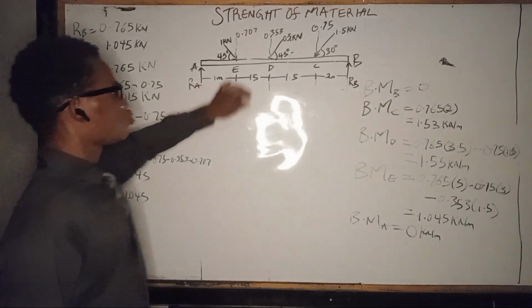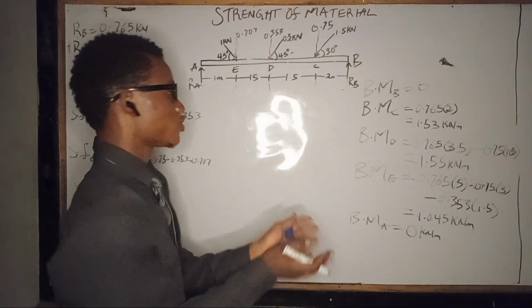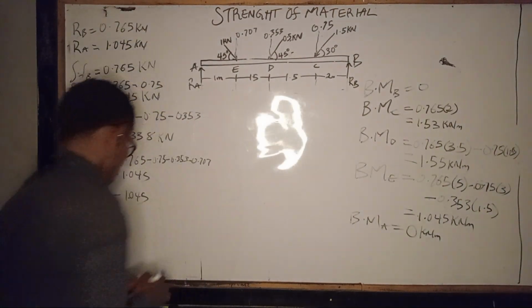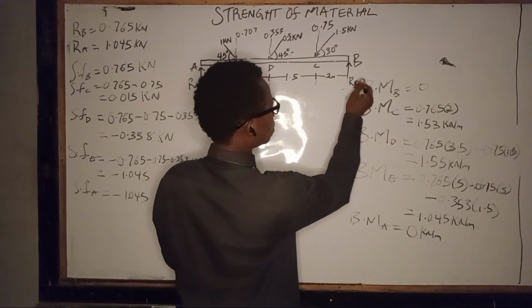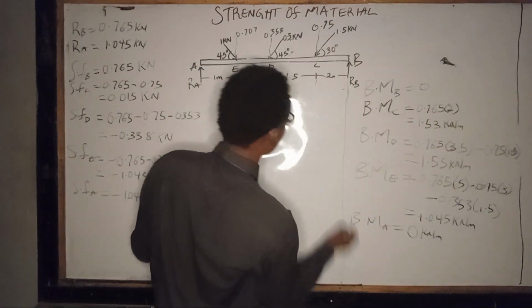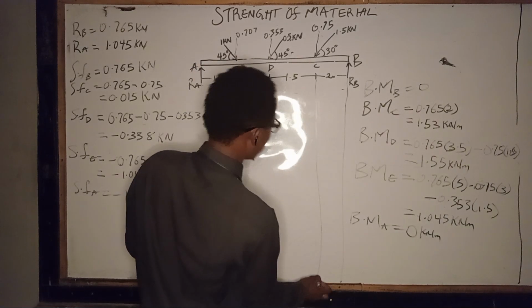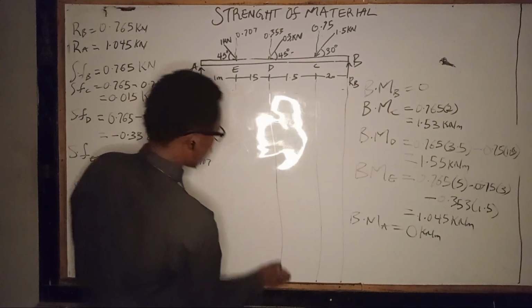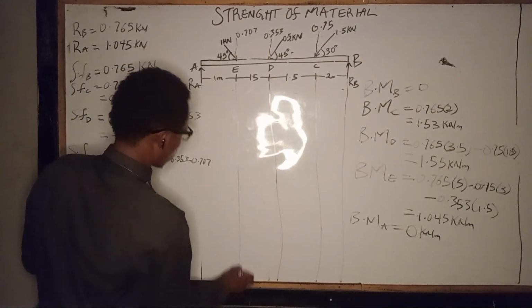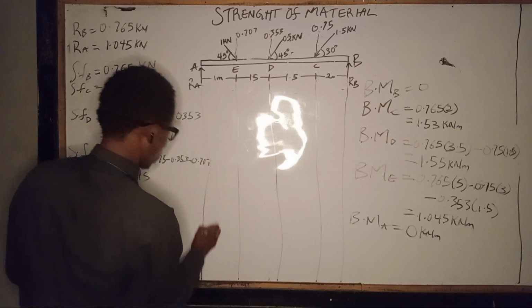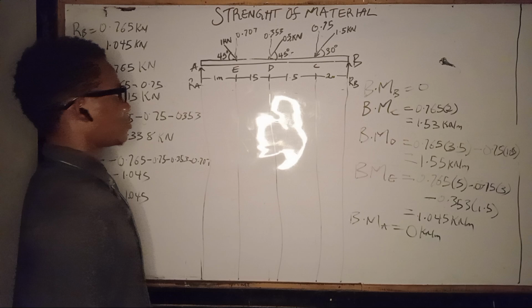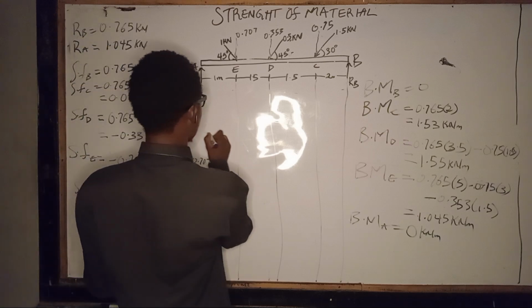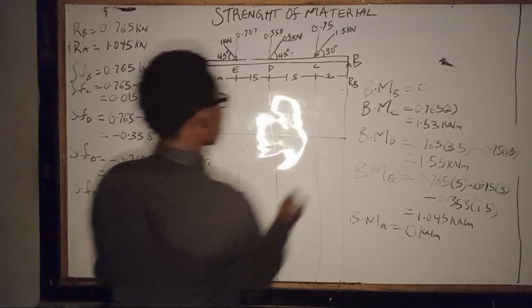So now moving to the diagram, which is the purpose of the calculation, we put our broken line, we trace it down. So now to our shearing force diagram, we draw a neutral line right here.